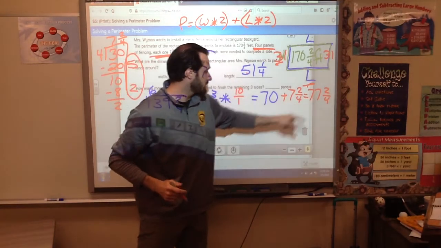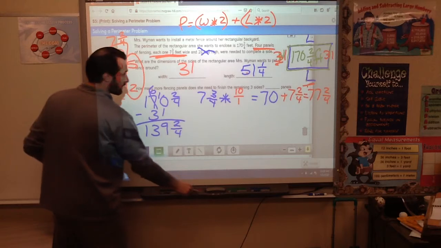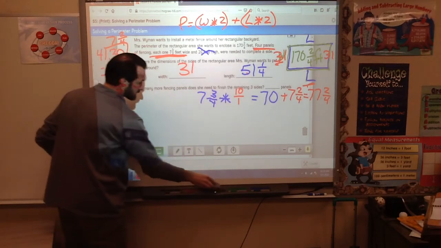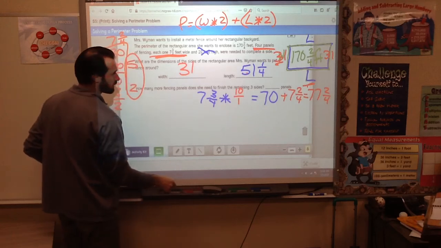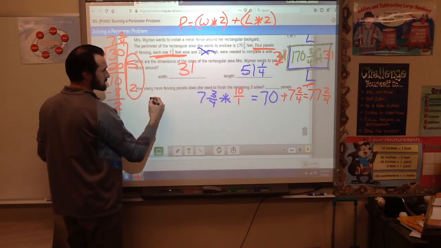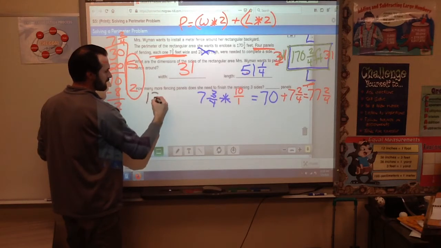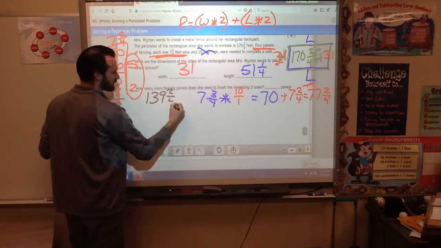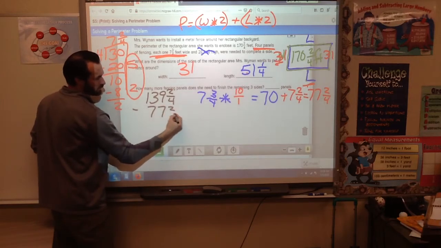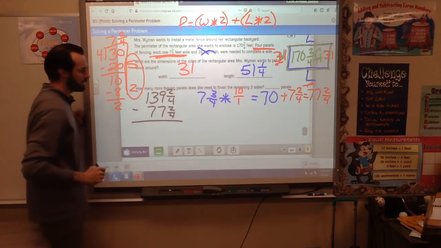Okay. We need to get to here. We've done this much. So the next step is to figure out how much we still need. Oop, I forgot what I did there. I believe it was 139 and 2/4, and we need to subtract 77 and 2/4 to see how much more we need.